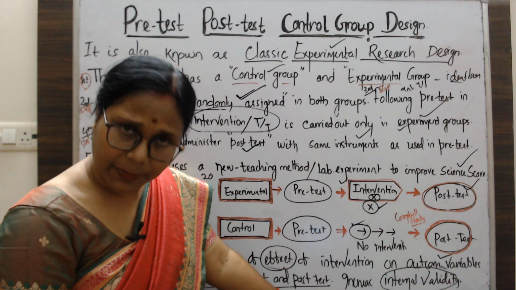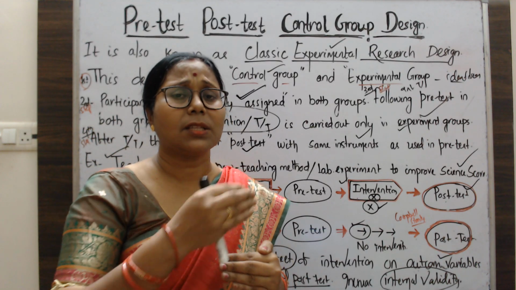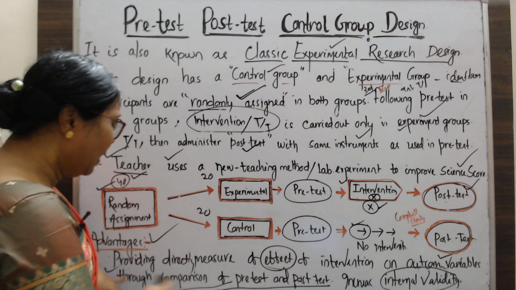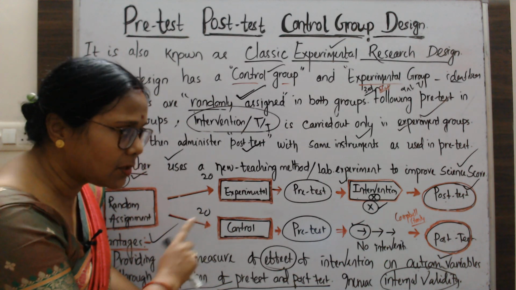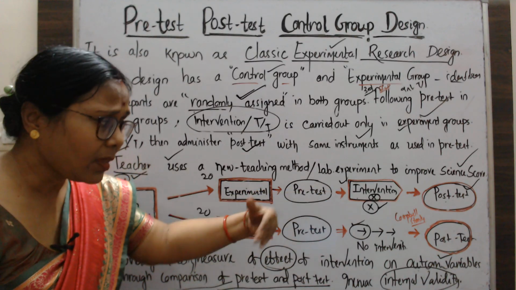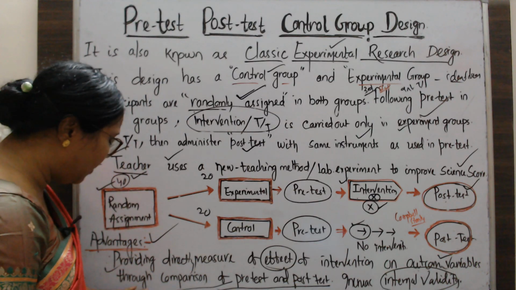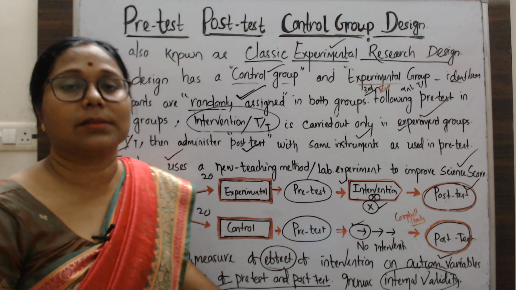The advantage of this design is that it directly measures the effect of the intervention, here the new method of teaching, on the outcome variable, the science score, through comparison of the pre-test and post-test results.